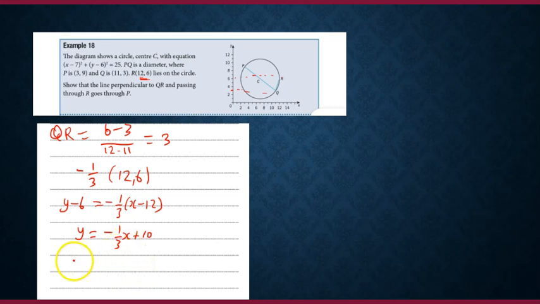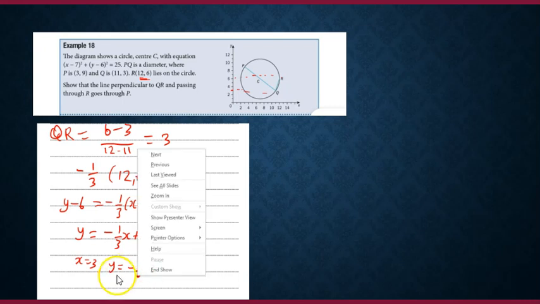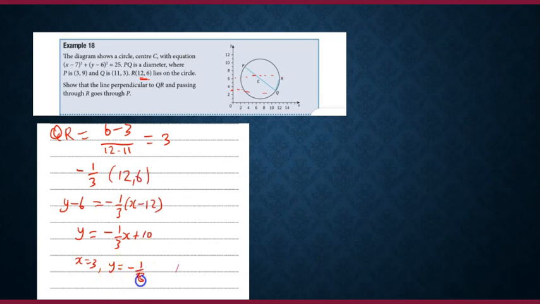So when x is equal to 3, y is equal to negative 1 over 3, then multiply by 3.